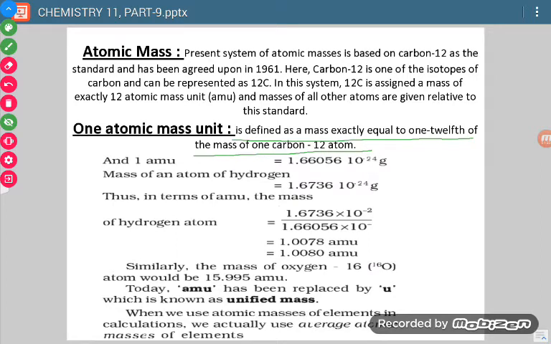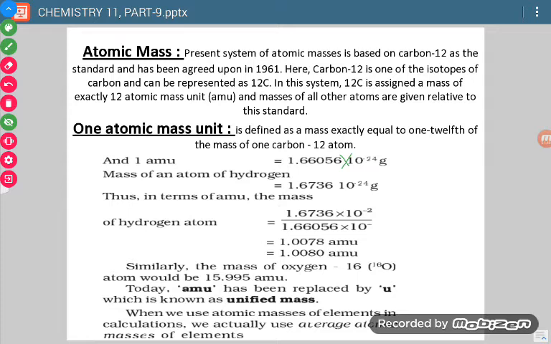Its mathematical value is 1.66056 into 10 raised to power minus 24 gram.